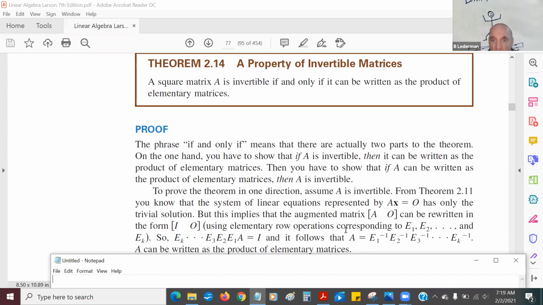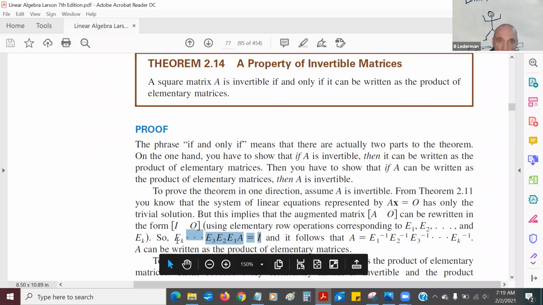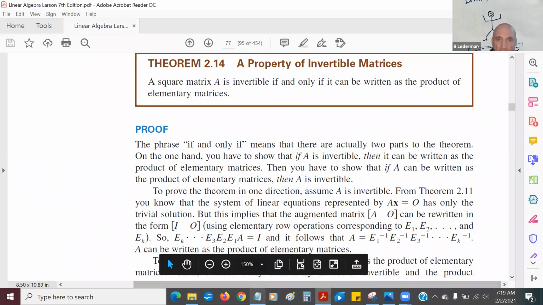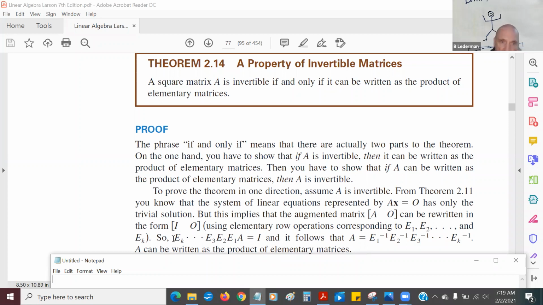Now it follows that EK dot dot dot E3 E2 E1 A equals I. If I start with this equation and multiply by EK inverse on the left, and the next one on the left, dot dot dot, and then E3 inverse, then E2 inverse, then E1 inverse on the left, I'm going to be left with just that single solitary A. And on the other side, I'm going to have all these inverse matrices, really times the identity matrix, but you don't have to bother writing the identity.